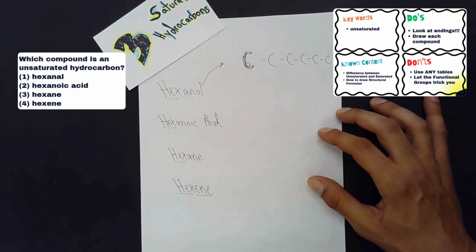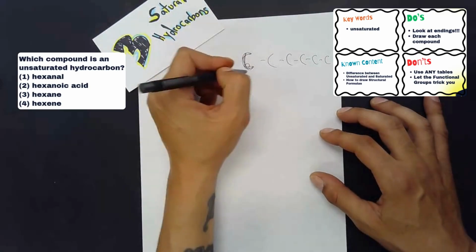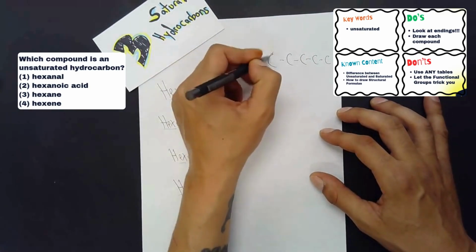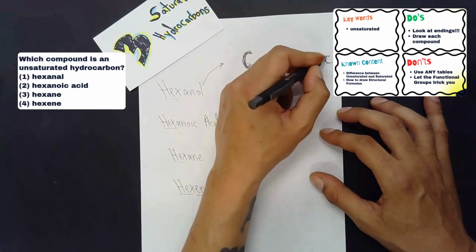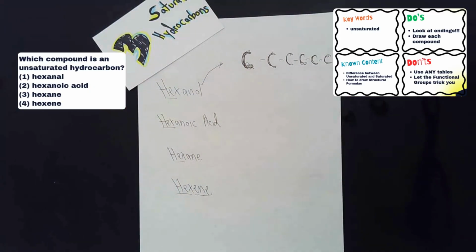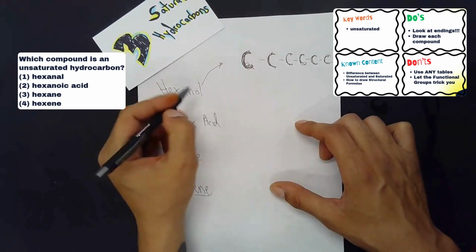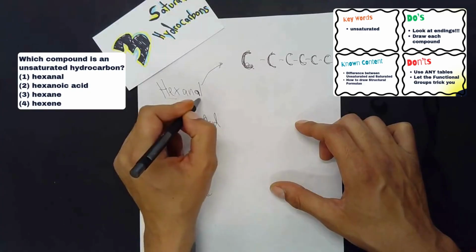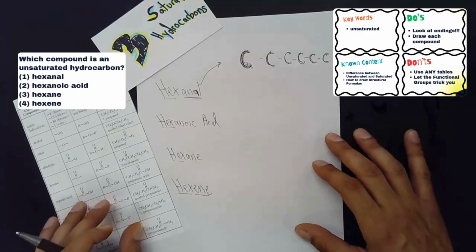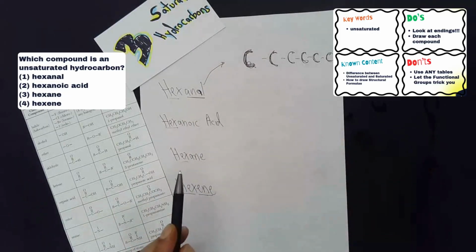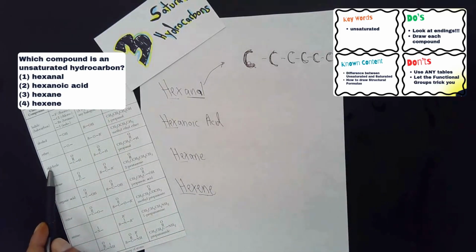The next step is going to be to add your functional group. And in this case, we have anal, A-N-A-L. And if we look at Table R, our ending of A-N-A-L is represented by aldehydes.